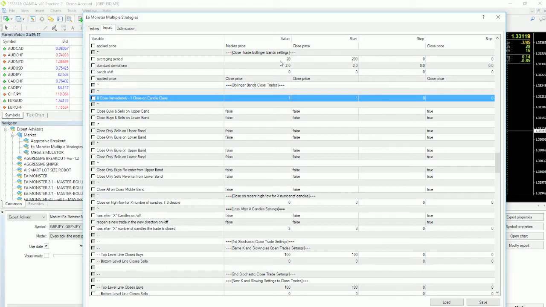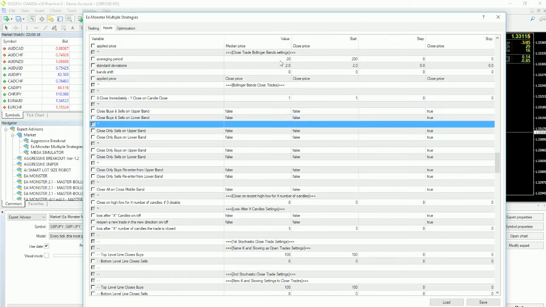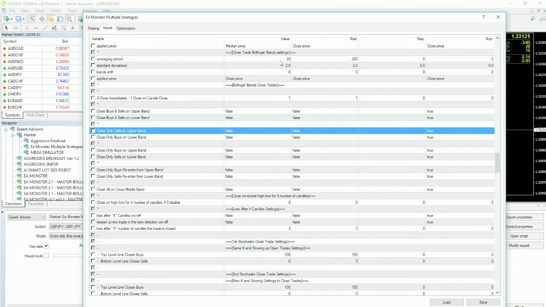And of course, this is more of the Bollinger Band's closing trades. It'll close when a candle finishes on 1, 0, it'll close automatically, so as soon as it touches the band. And here you have close buys and sells on upper band, close buys and sells on lower band. Basically, when it hits the upper or the lower band or crosses it, it's going to close all trades.